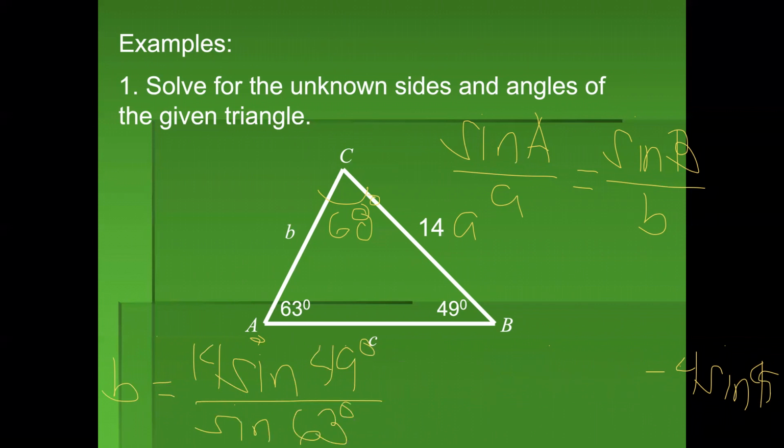So let us input all those values in our calculator to solve for side B. Therefore, B can be estimated as 11.86. So let us write our answer here for side B, 11.86.